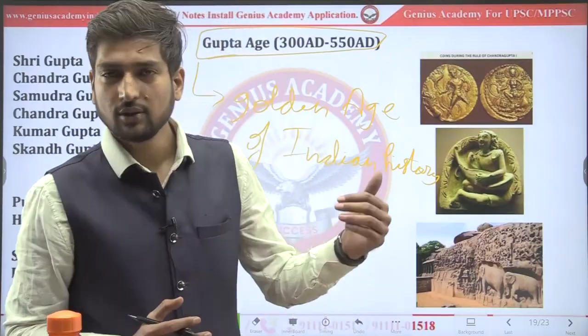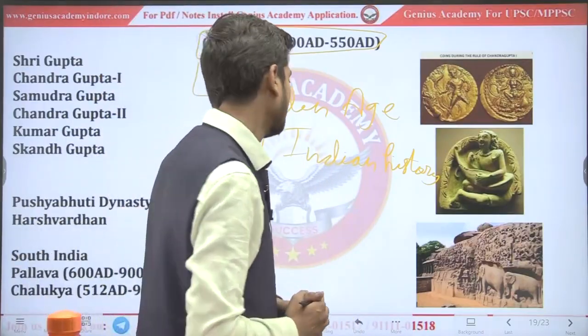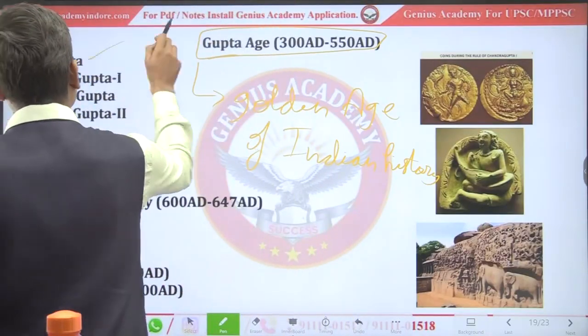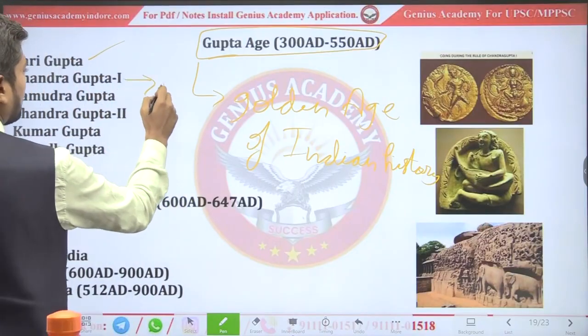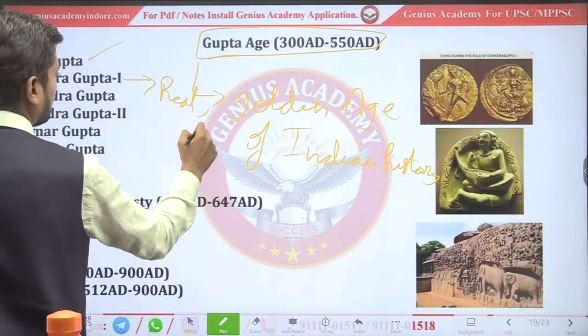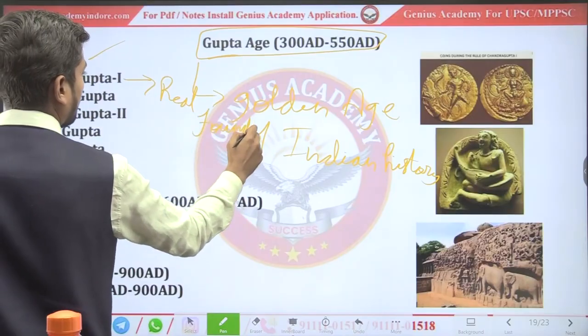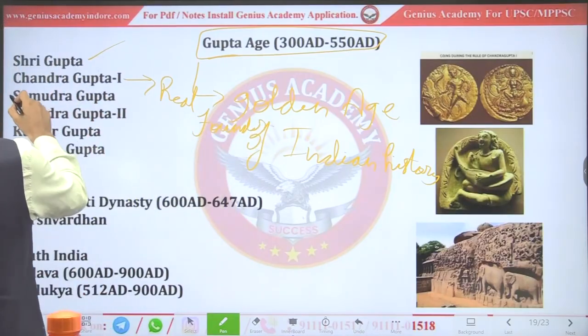They exported spices and imported gold. So it is known as the golden period. Sri Gupta is the founder, but the real founder is Chandragupta.